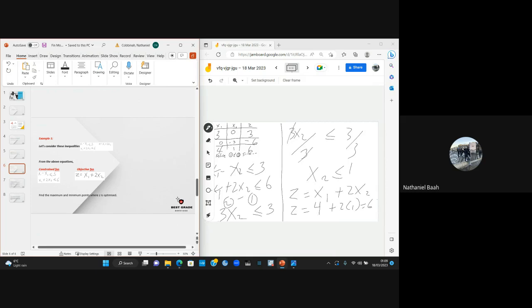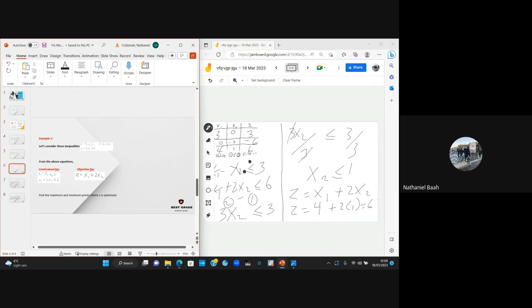Okay, so the maximum point where Z is optimized is what? 4 and 1. It's 4 and 1. Because at these points, Z obtained the maximum value. So Z is such that x1 should be less than or equal to 4 and x2 should be less than or equal to 1.